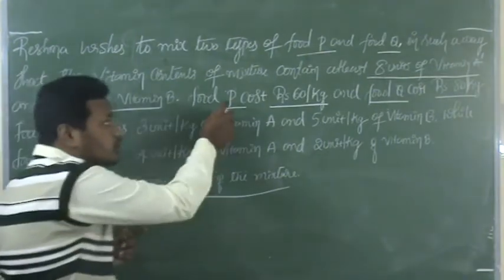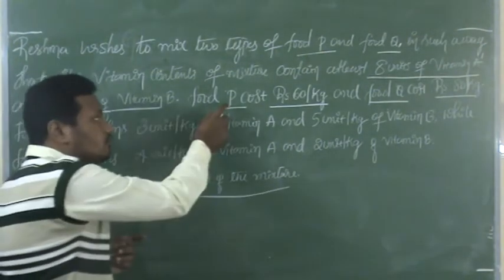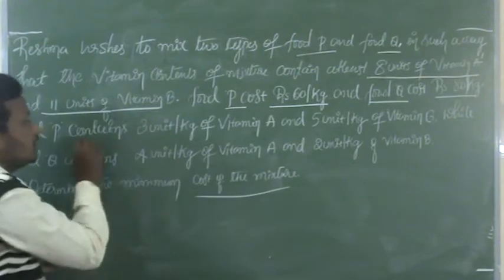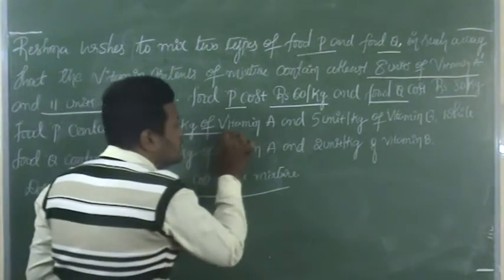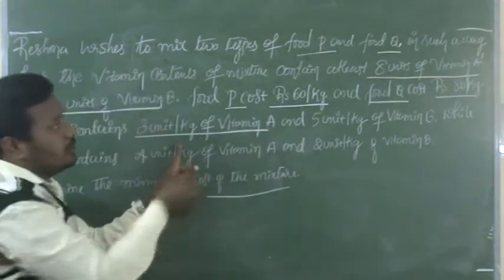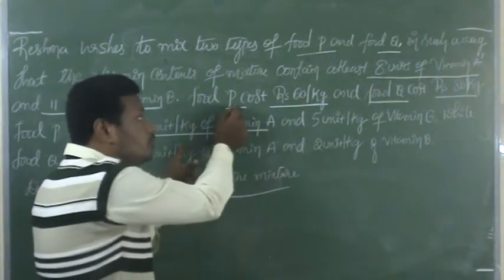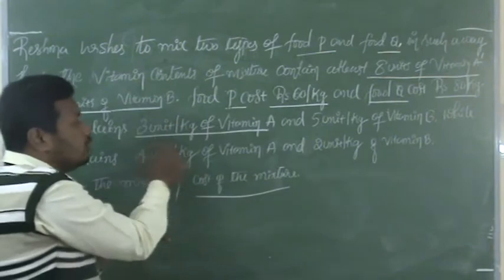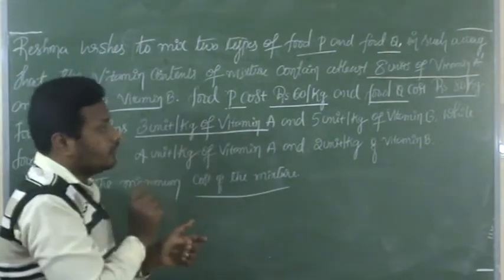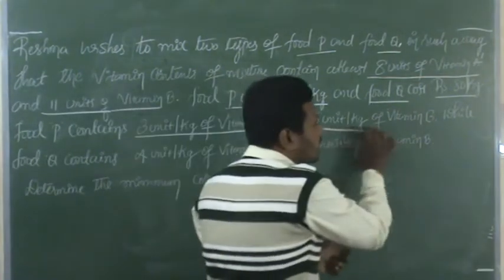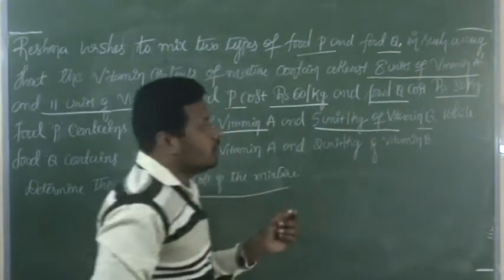Now food P contains 3 units per kg of vitamin A and 5 units of vitamin B.